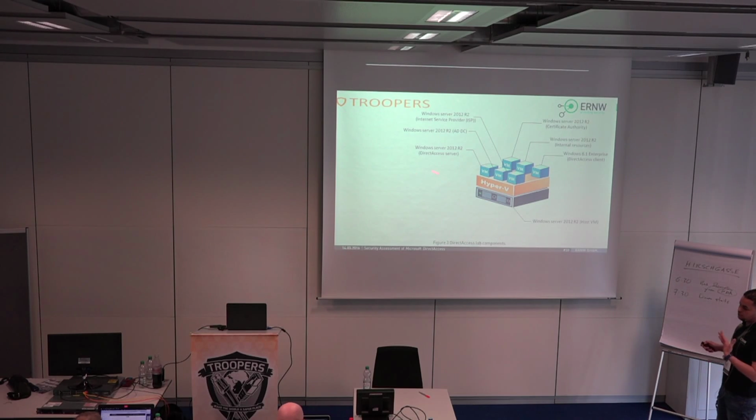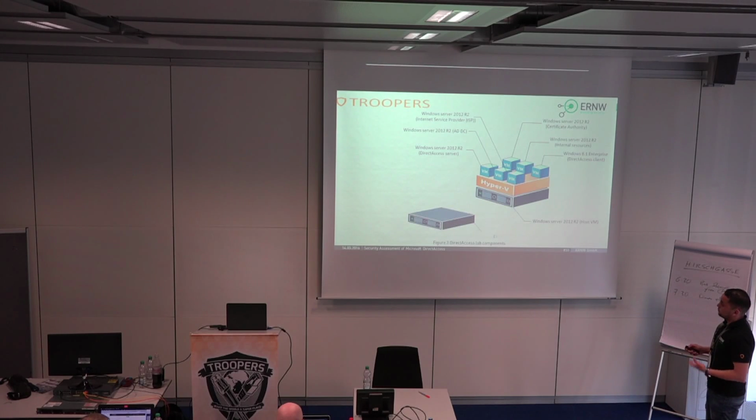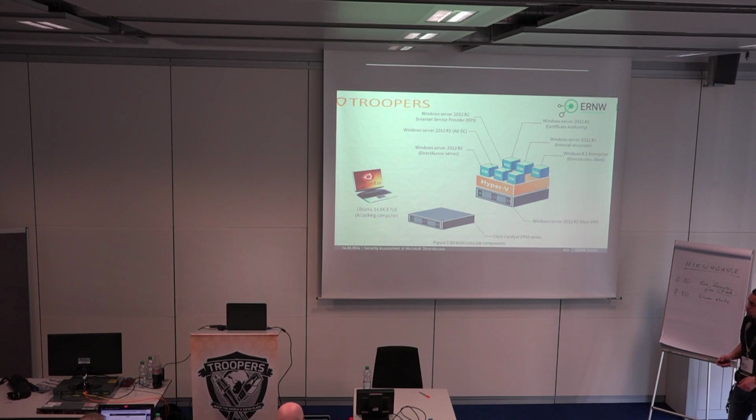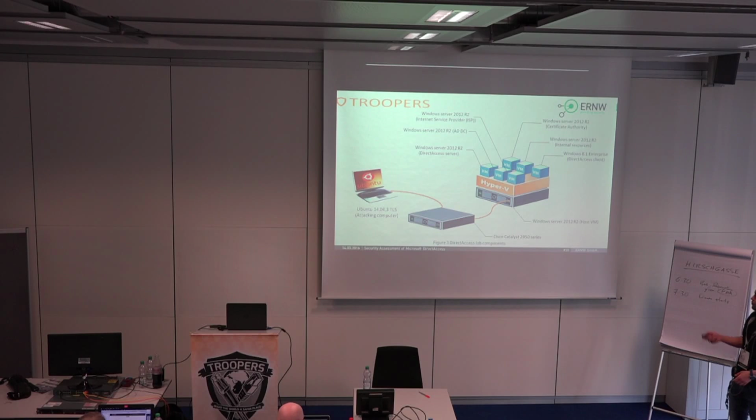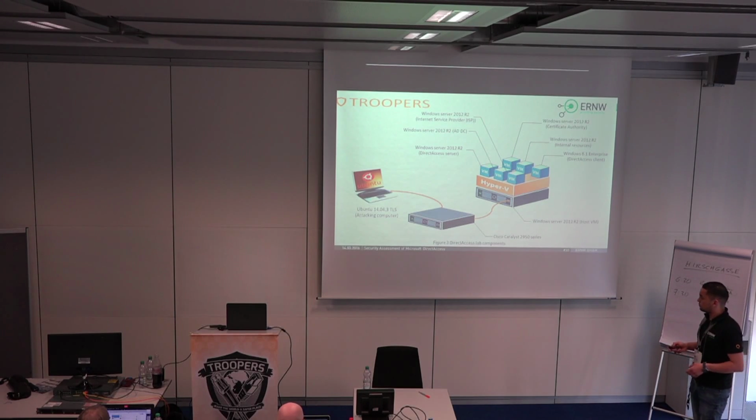So I gave an emulation for the clients that they are on the internet. And I have a Cisco router, and also an Ubuntu machine that I use to perform my attacks from. I connected my attacking machine to the hypervisor to be in the same internet subnet inside the hypervisor.